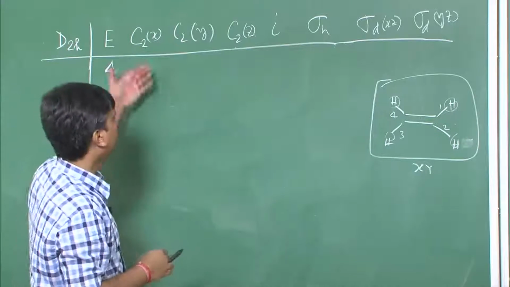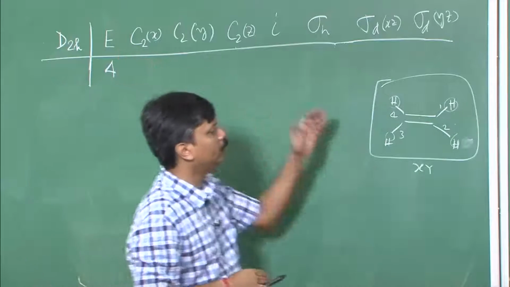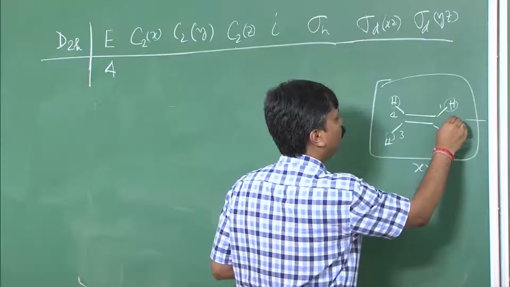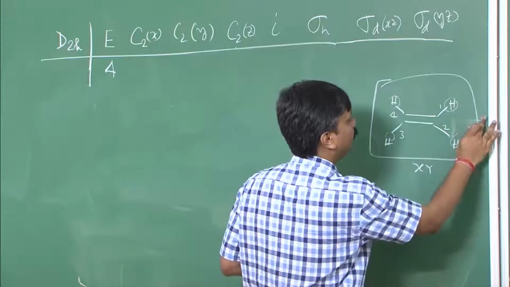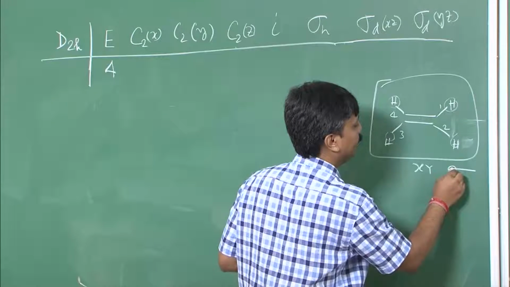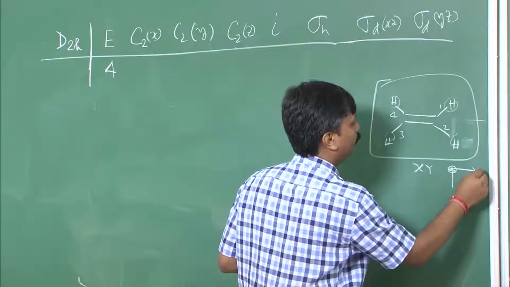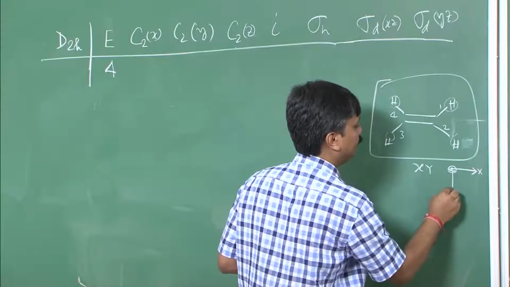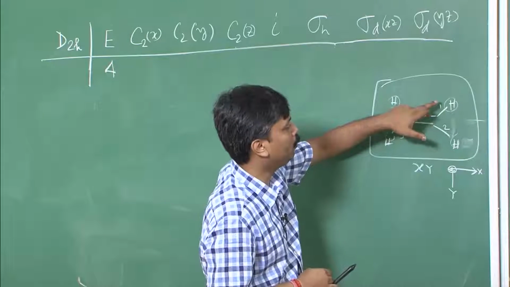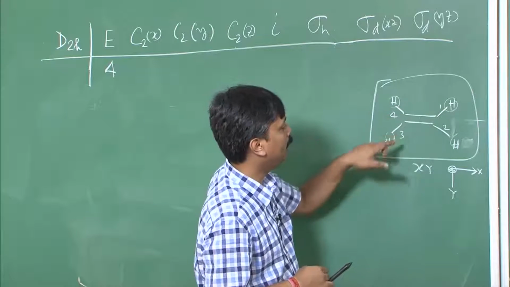Now if you think about C2x, let me draw it somewhere else. So this is my x and this is my y and this is my z. So this one, what will it do? 1 will go to 2, 2 will go to 1, and this one also.